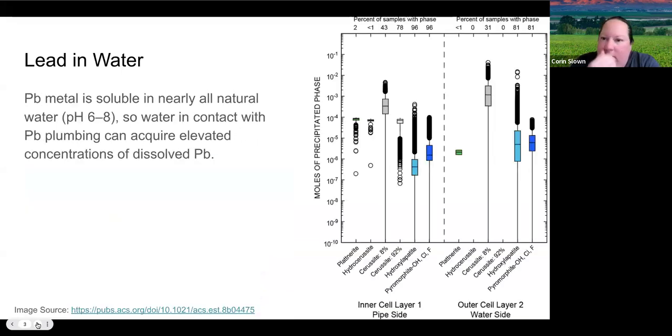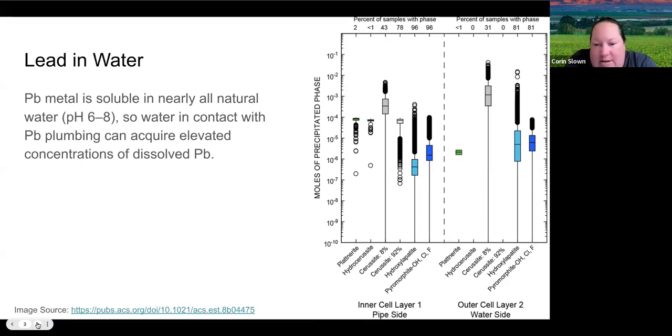And so today we're going to take a look at the solubility of lead specifically and do a slightly deeper dive. As you can see from this box plot, lead metal is soluble in nearly all naturally occurring water, somewhere with a range of pH 6 to 8. So water that's in contact with lead plumbing can acquire elevated levels of dissolved lead. Now there are a variety of different types of ions that can co-occur with lead, which is why we have a fairly wide range.